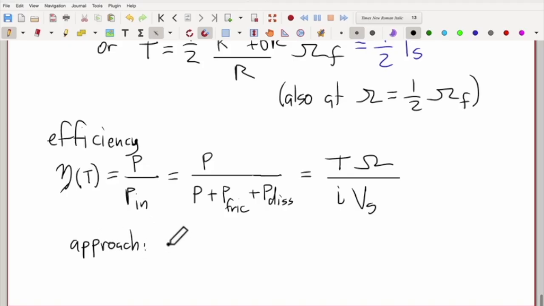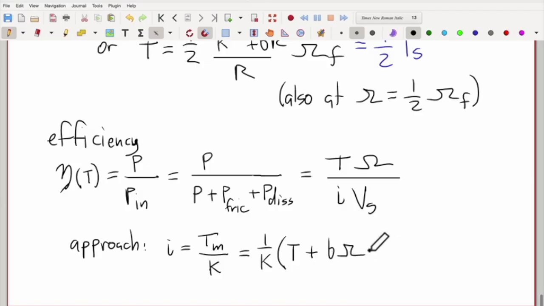So we would use that I is equal to Tm over K, the torque coming out of the motor divided by K, so that's 1 over K times Tm, and what's Tm? It's the full torque output plus B omega plus Tc.